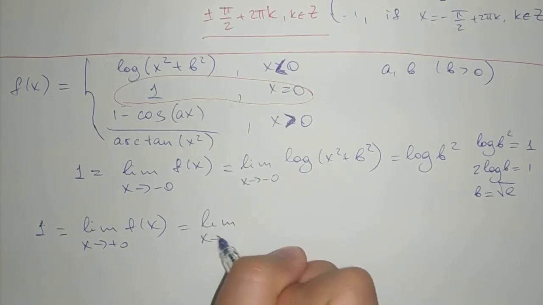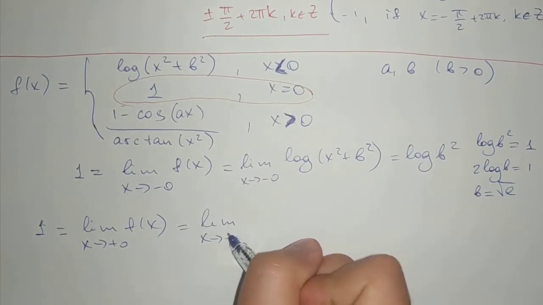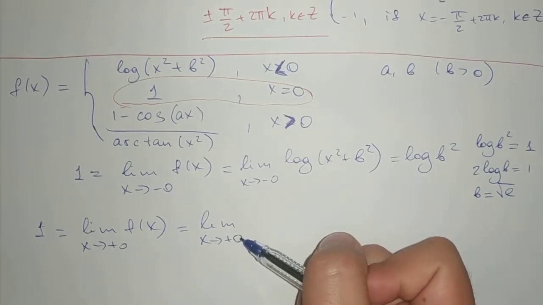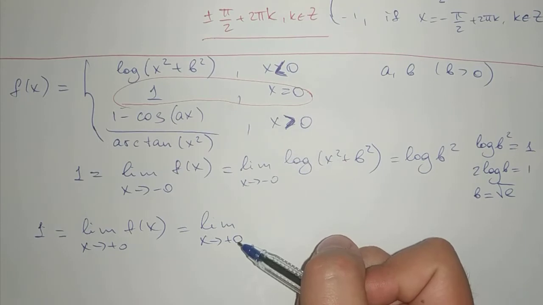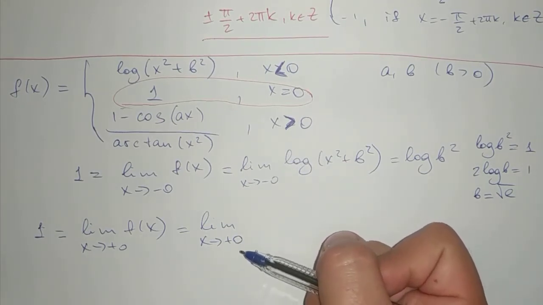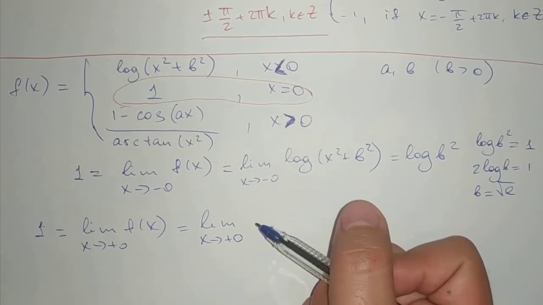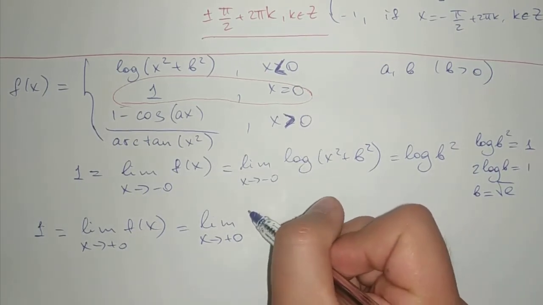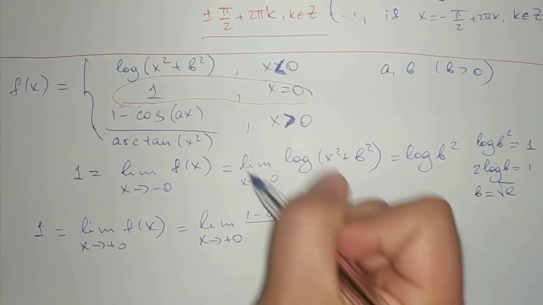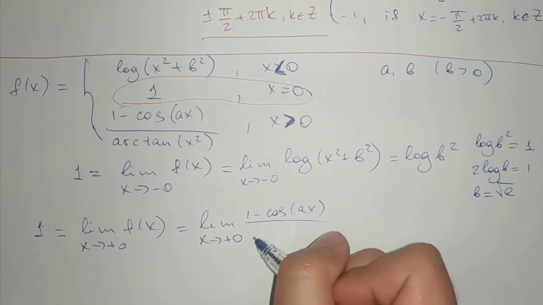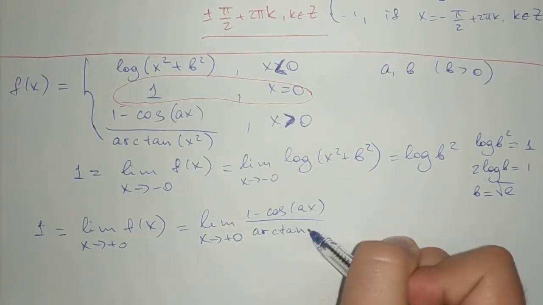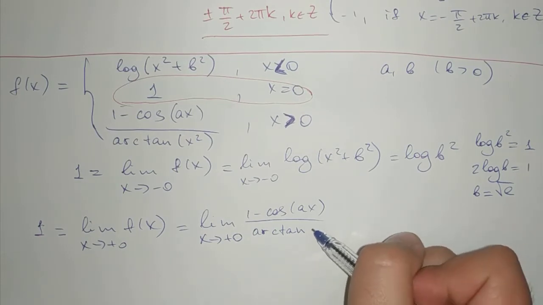It is the right side limit of this function, 1 minus cosine ax. Here we need to use the equivalency of functions, arctangent x squared.